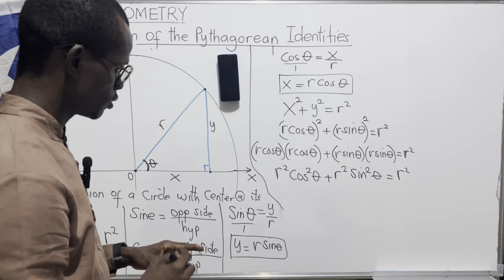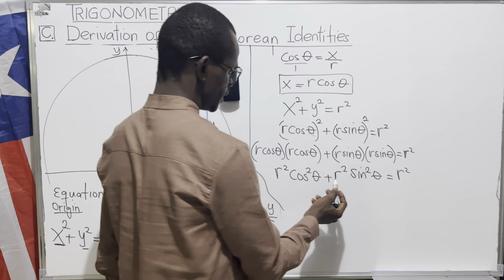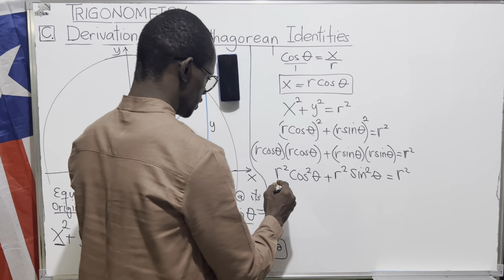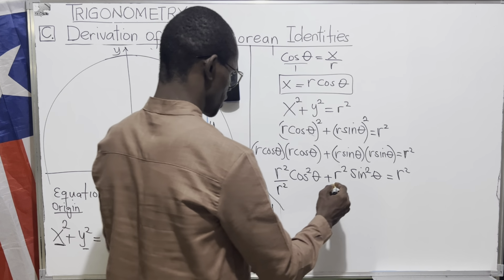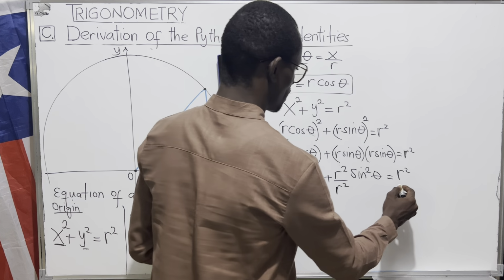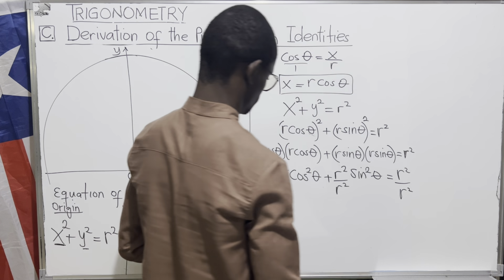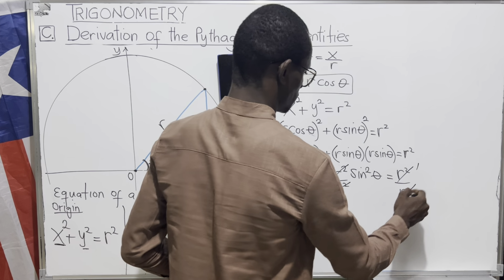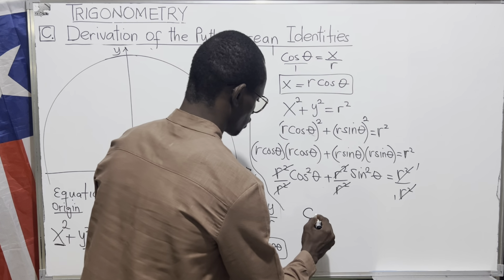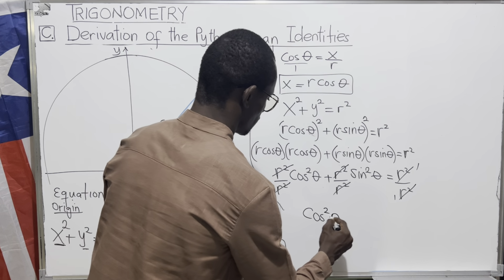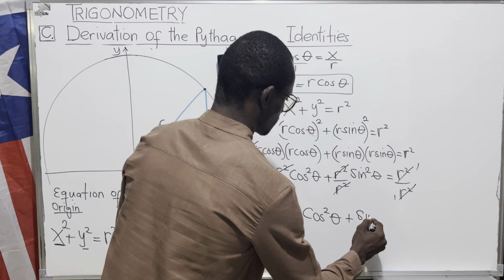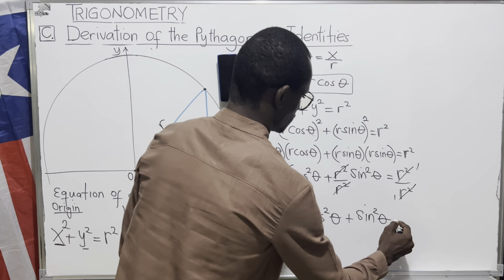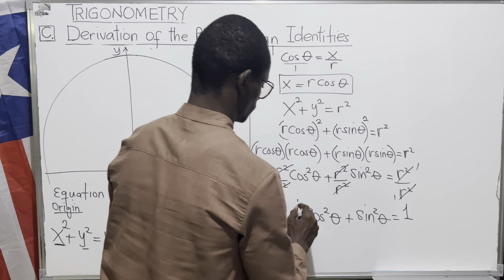So what do we know? We know that r square is in every term. So therefore we can divide by r square, and by r square, so each of them goes to itself one time. So we will have cos square theta plus sine square theta now equals 1.